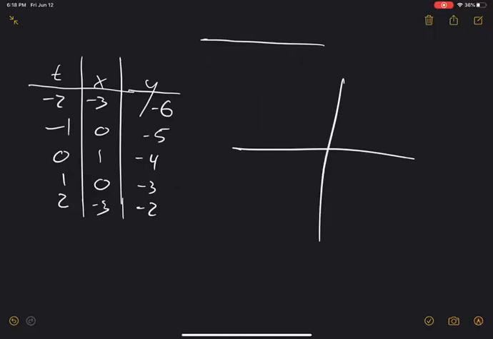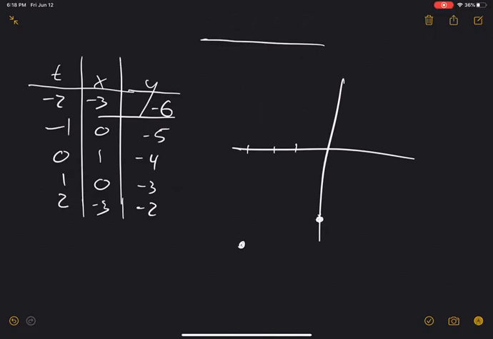This would be a rough way to get an approximate view of how this graph looks. I got the point -3, -6, so that'd be like this. Then I got 0, -5, so that's like here.